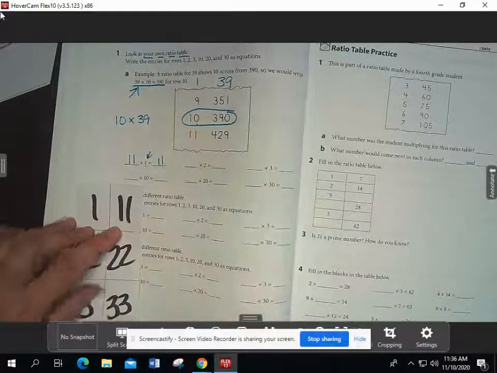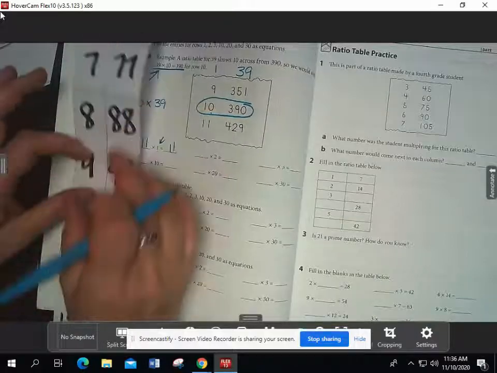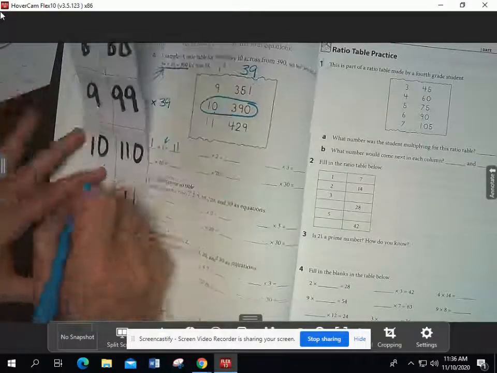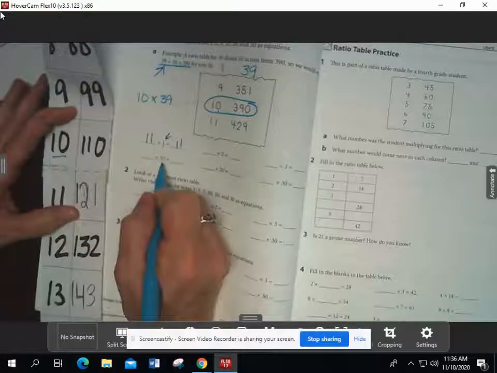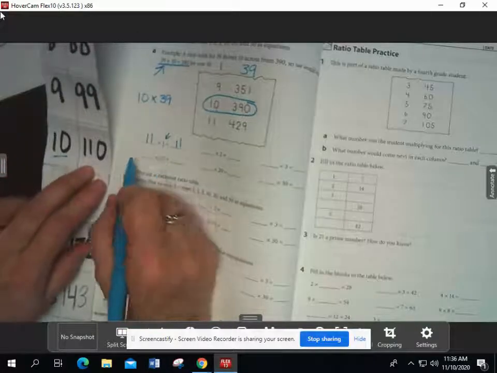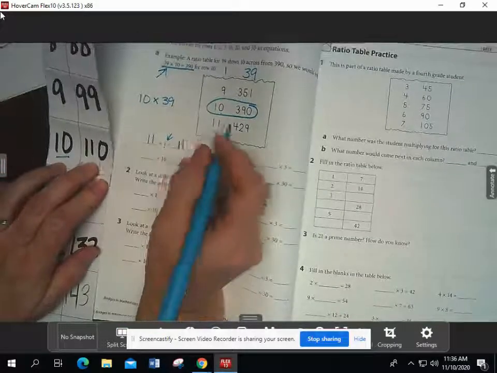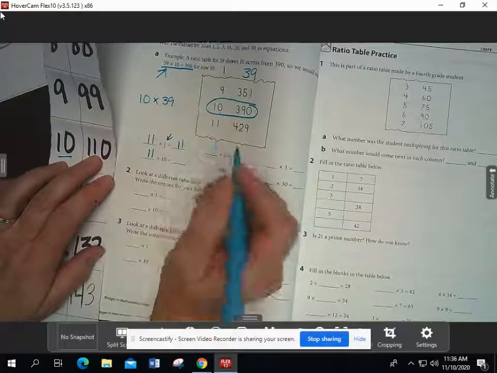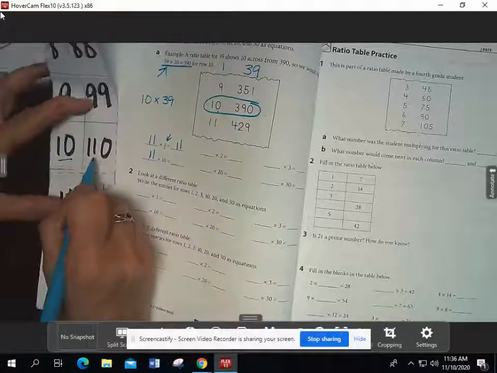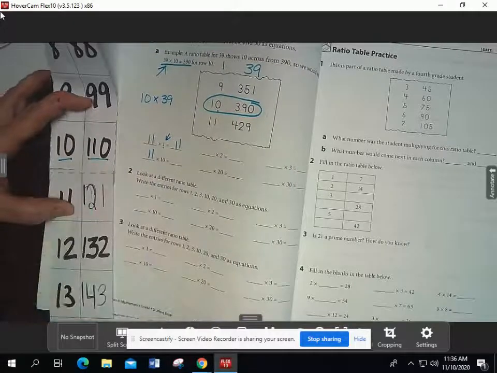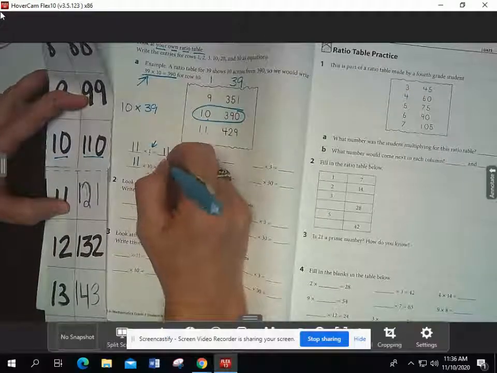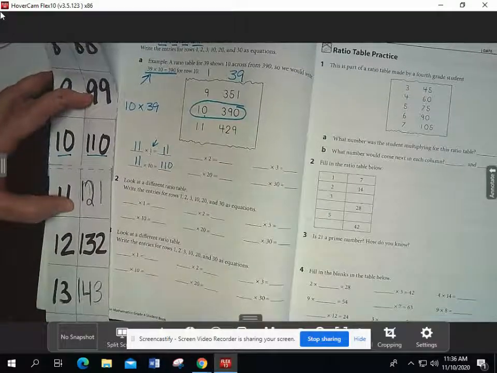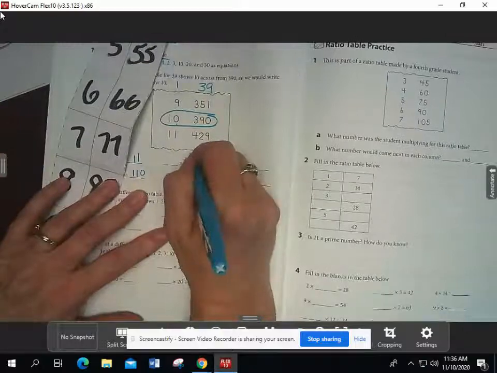Okay. So then I'm going to look at my next one. Oh, look at this. Here's my group of 10. See, it says I'm supposed to find my group of 10. And so if I have 11 groups of 10, what's my total? Thank you, 110.